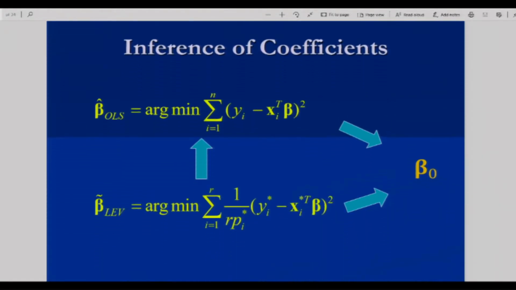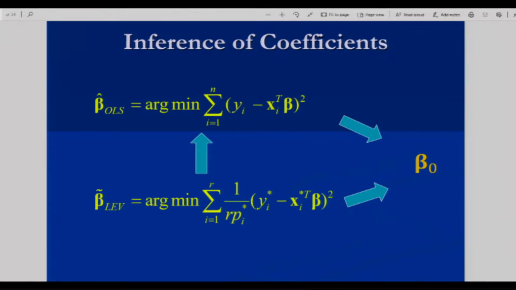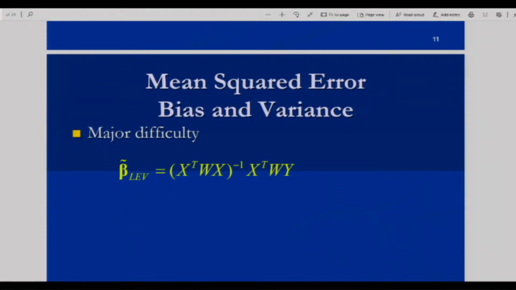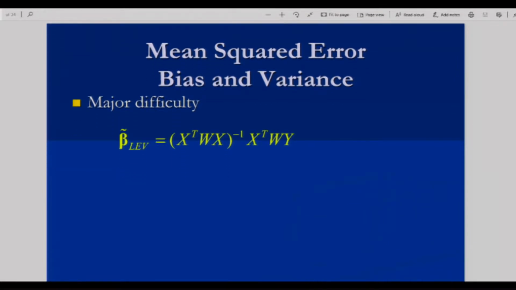The next thing, as I said, is that we have two purposes for this leveraging estimate. One purpose is approximating the full sample least squares. Another purpose is to make inference, or estimate the underlying true parameter. Suppose we assume there is a true value of this parameter. But there is a significant analytical difficulty.